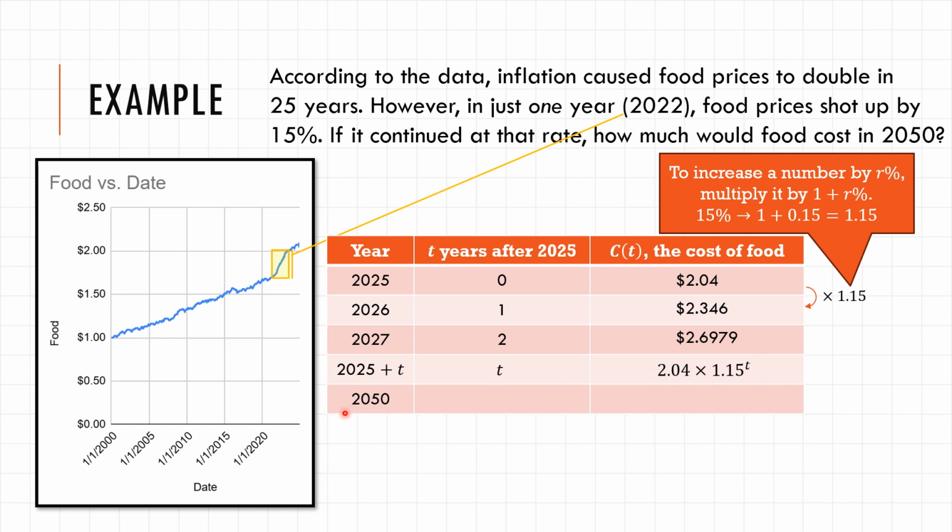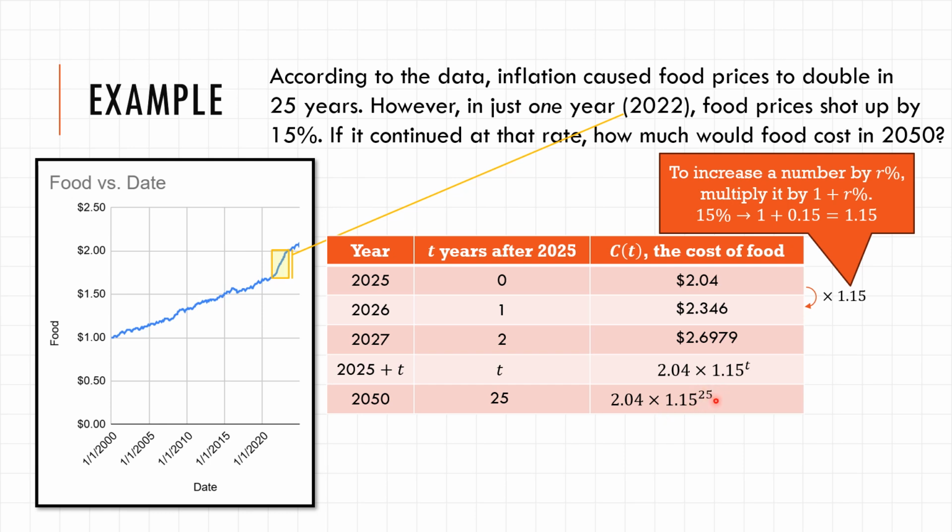So for example, in the year 2050, that is 25 years after 2025. And so I know I started at $2.04. I'll have to multiply by 1.15, so that food cost will increase by 15%, not just once, not just twice, but 25 times.